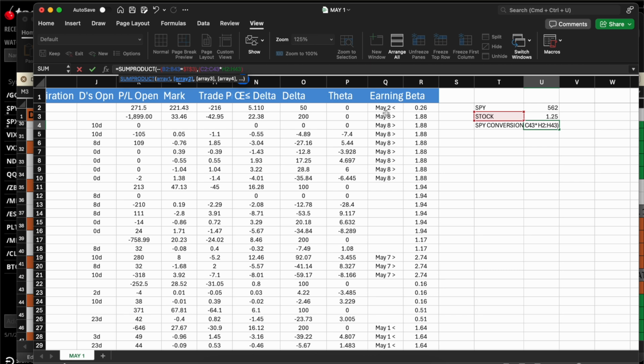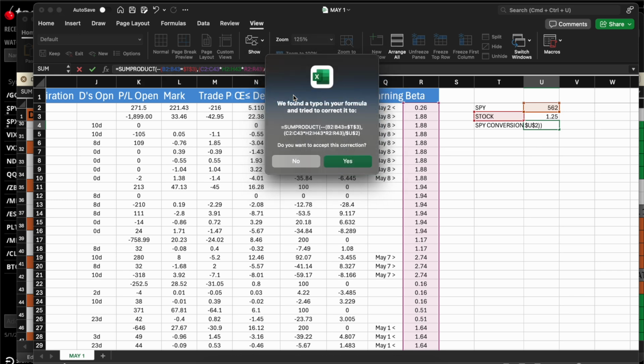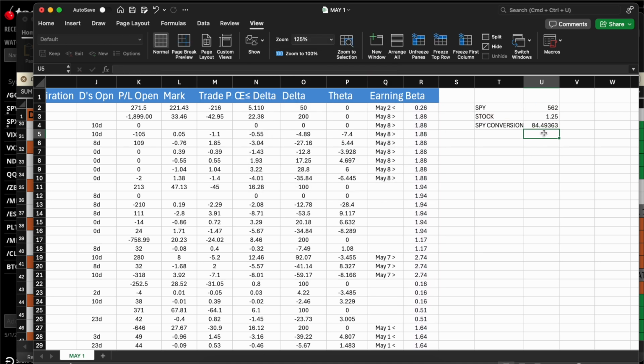So C2 through C43 times H2 through H43 times R2 through R43, and then we're going to divide that number by the SPY price in U2. Okay, and let me make sure I don't have a problem with that. And that will give us the number that I'm looking for here.